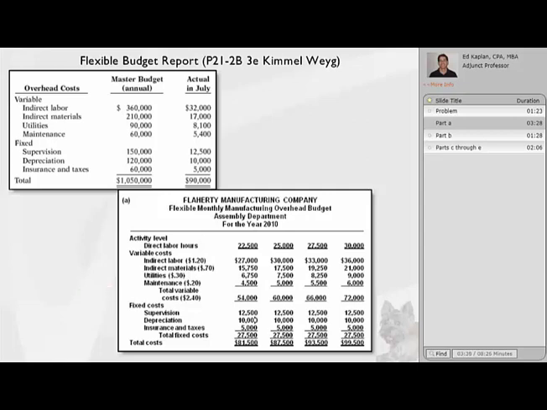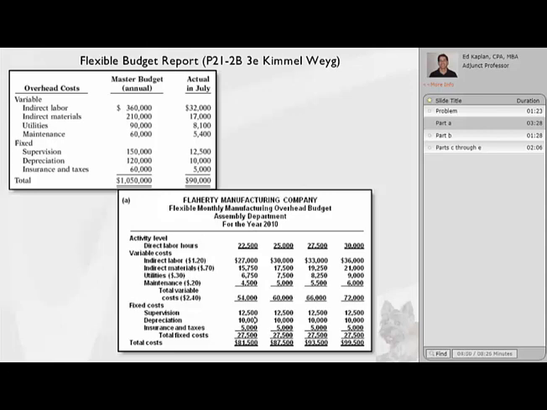Now looking back at the top, you see that fixed costs are given as well, and they're given in a monthly amount and the annual amount. If we take the monthly amount and multiply it times 12, we'll get the annual amount. So we see that at least for July, fixed costs were truly fixed. They did not vary at all. Well, once we know that, we know that those are the costs that will not change regardless of the level of activity.